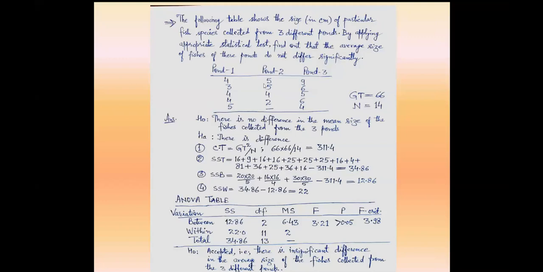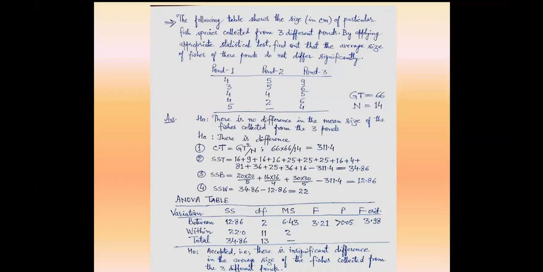Every value is being squared. Here 5 square, 5 square. And when all these values are squared, and then minus the correction term, that correction term value is 311.4, the SST value then comes 34.86. So 34.86 is the SST value, that is the sum of squares of the total.